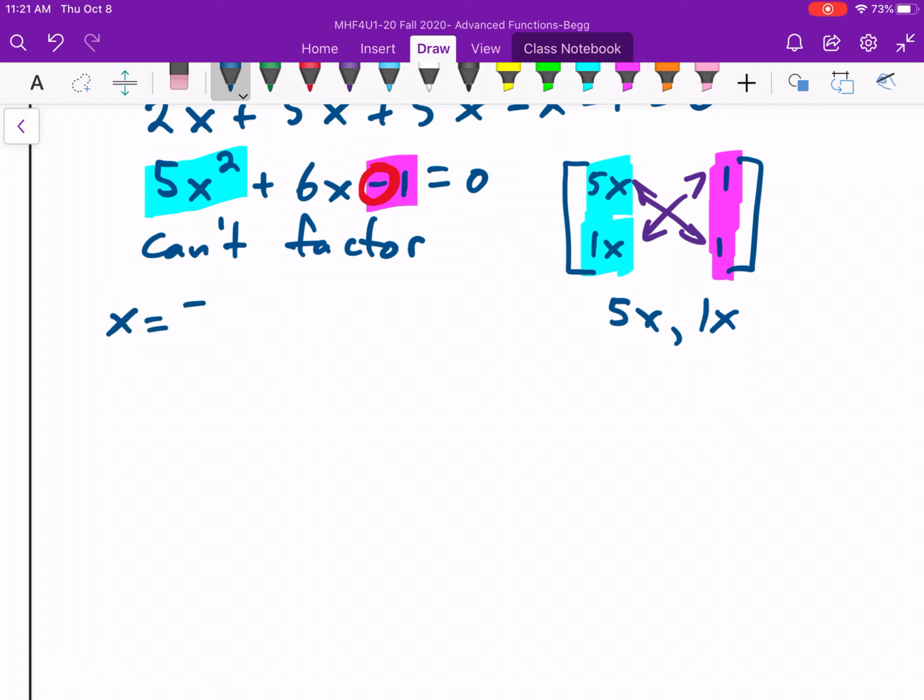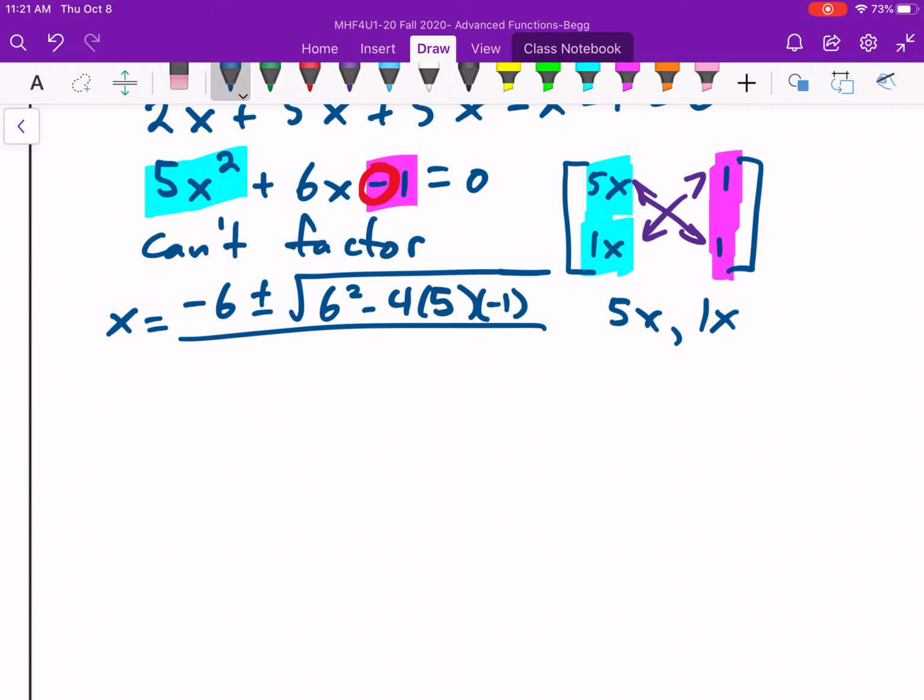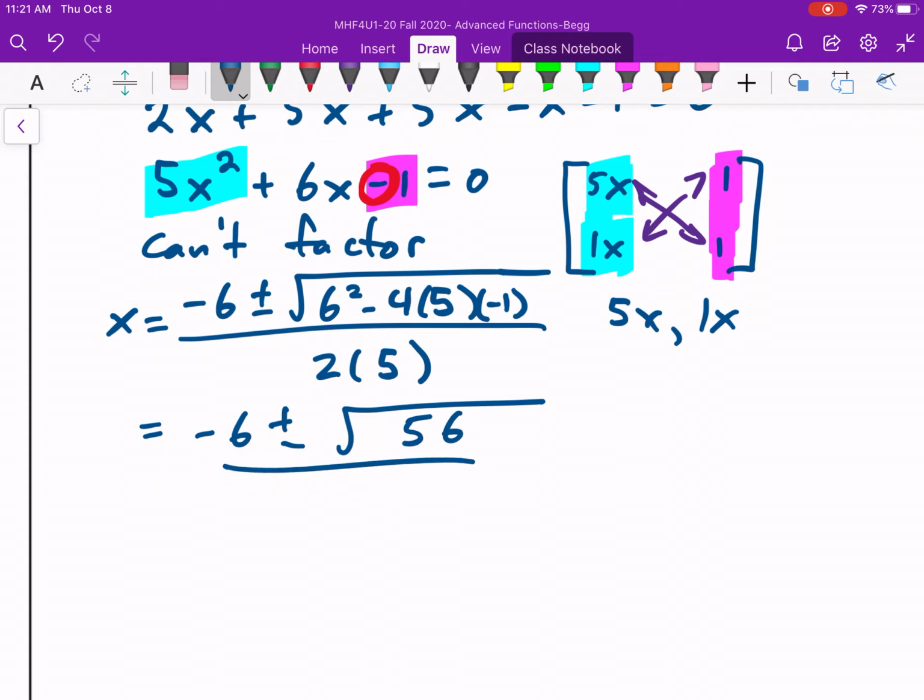So negative b, so negative 6 plus or minus the square root of b squared minus 4 times a times c, all over 2 times a. Negative 6 plus or minus the square root of 36 plus 20, which gives me 56 under this bracket.